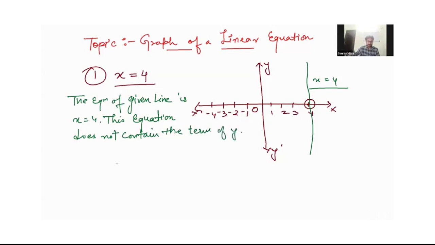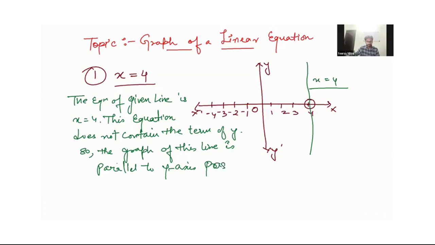So the graph of this line is parallel to the y-axis passing through point (4, 0), right?